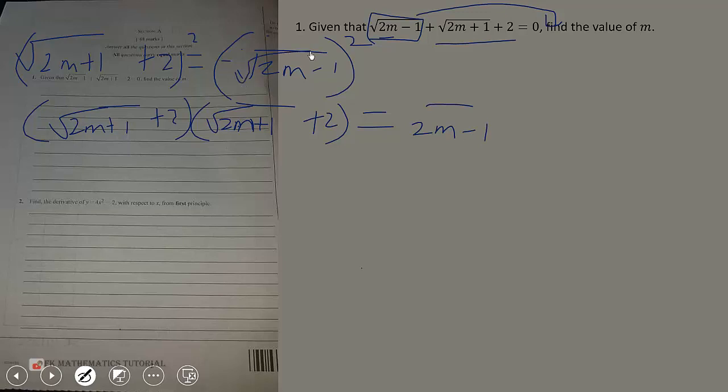When you square the square root, we cancel the square. So that will give us this expression here.